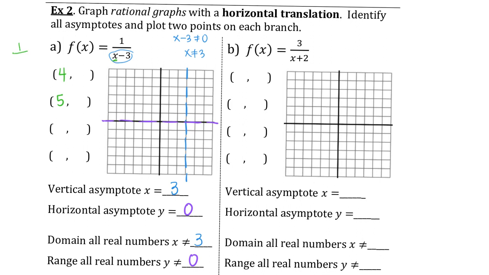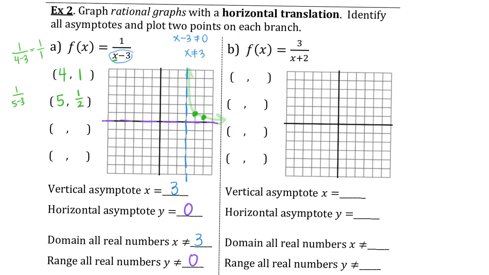If I do 1 over 4 minus 3, that's 1 over 1, so I'm going to get 4, 1. If I plug 5 in there, I get 1 over 5 minus 3, which is 1/2. Again, they don't look like super helpful points, but they are, because along with the asymptote, I know it's got to go up towards the vertical and down towards the horizontal.